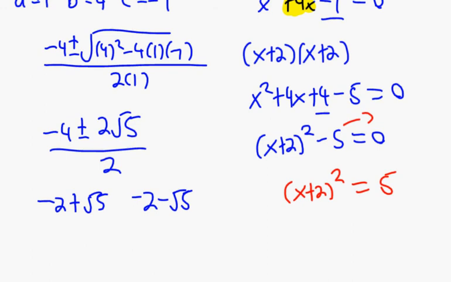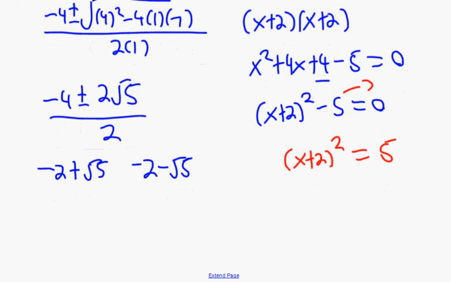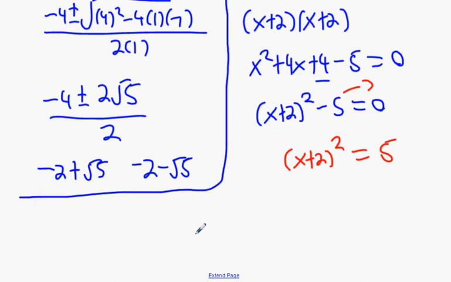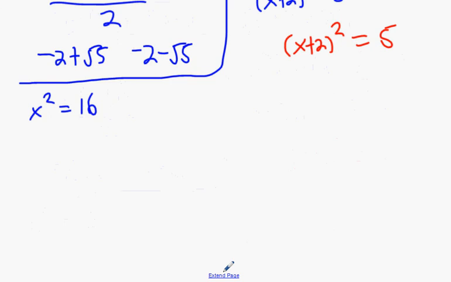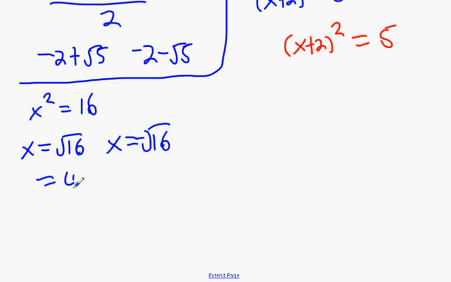Now, can somebody tell me something, alright? Ignore this part for 1 minute. I want you to think of a really basic question you've done in the past. What is x squared equals 16? What's the answer to that? Another way of writing that is x equals root 16, or x equals minus root 16, x equals 4, x equals minus 4.